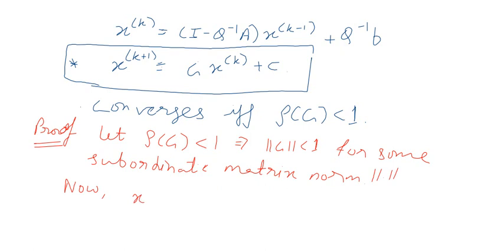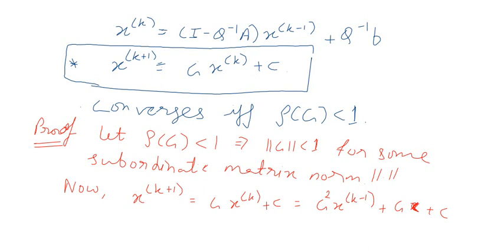Now x of k plus 1 equals G x of k plus c, which equals G of G x of k minus 1 plus c, plus c, that is, G square x of k minus 1 plus G c plus c.